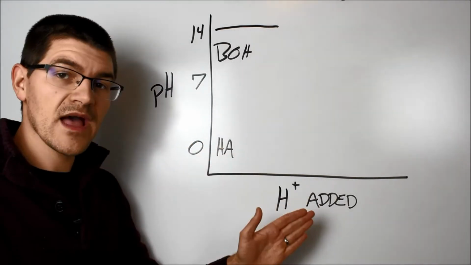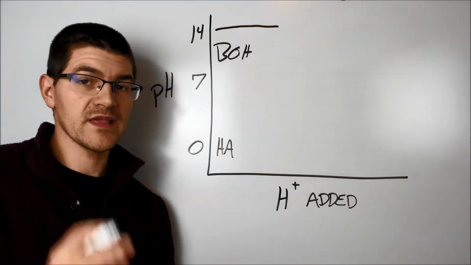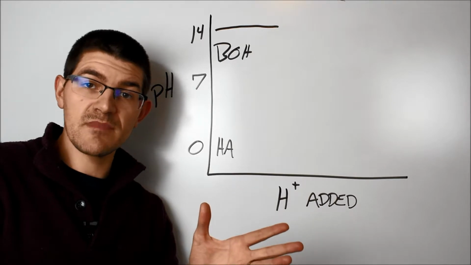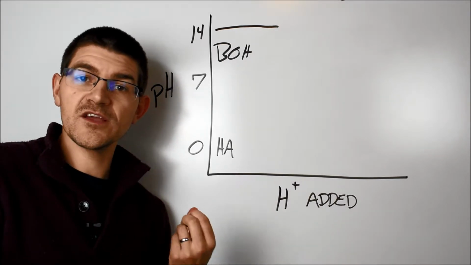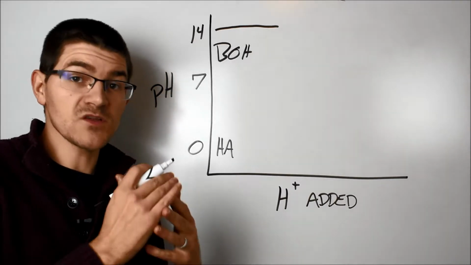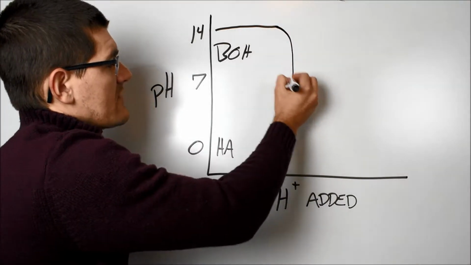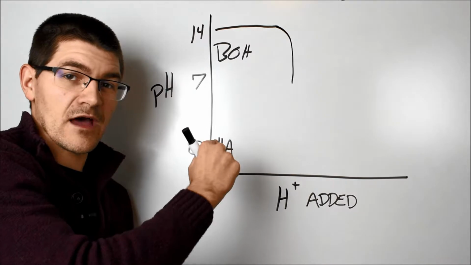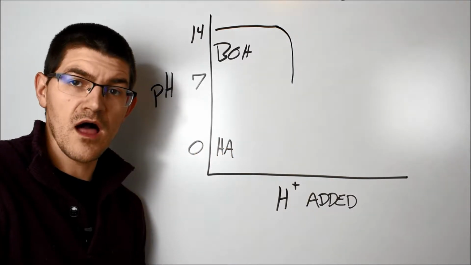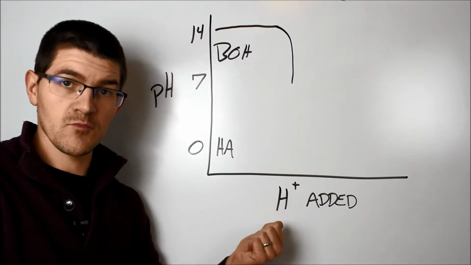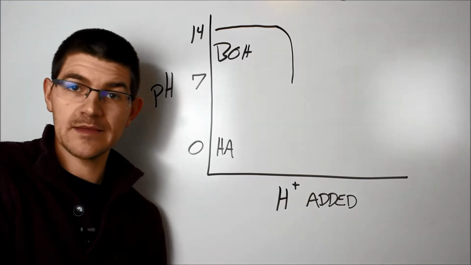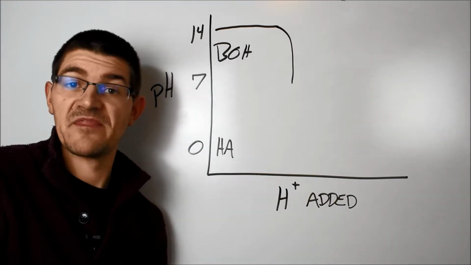As we continue adding acid, we get near the point where the amount of acid added is equal to the amount of base we started with, called the equivalence point. When that happens, all the base is neutralized by the acid and our pH drops rapidly down to 7, neutral. If we back that out from the pH calculation using the negative log, we have an H+ or hydronium or acid concentration of 1 × 10 to the -7. Not that much.